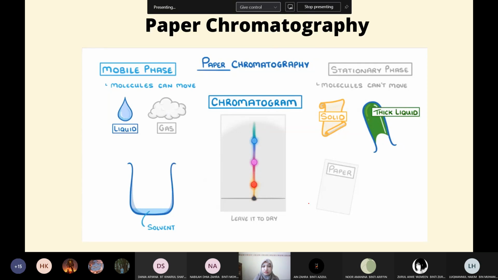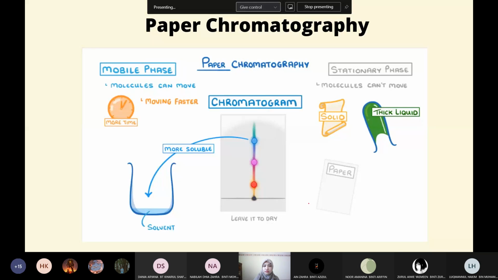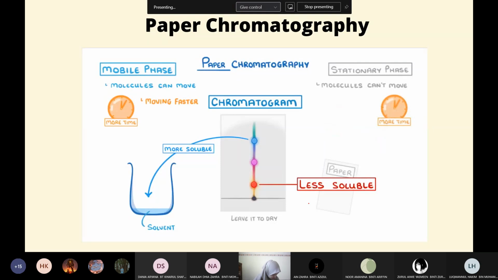The chemicals that are more soluble in the solvent spend more time in the mobile phase and therefore move faster, and those that are less soluble or are more attracted to the paper spend more time in the stationary phase and so move more slowly.